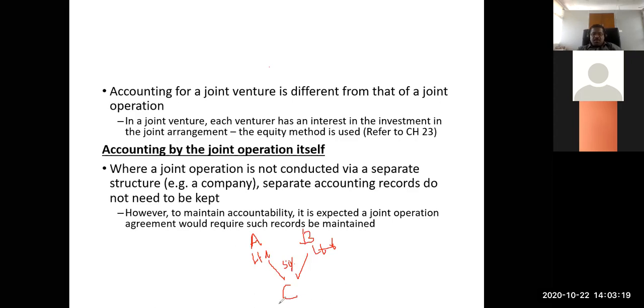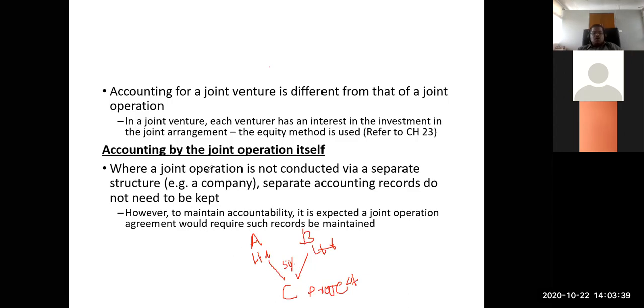So this C may not be a limited liability company. It may be just an arrangement, just a project. So there you won't get any legal form. Project. That's what I'm telling you.